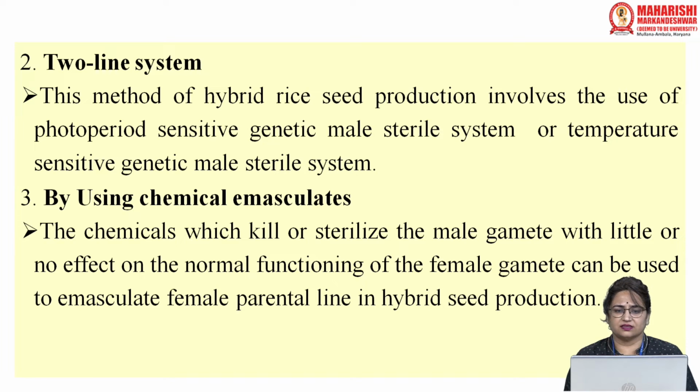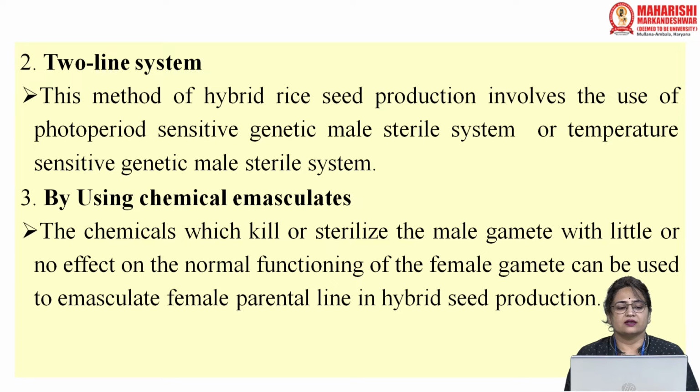In the 2-line system, photoperiod sensitive genetic male sterility means that beyond a particular photoperiod the plant will behave as sterile, or a particular temperature range is there, 23 to 25 degrees Celsius, and beyond that temperature the plant will behave as sterile. Then we can use this 2-line system for the production of hybrid seed.